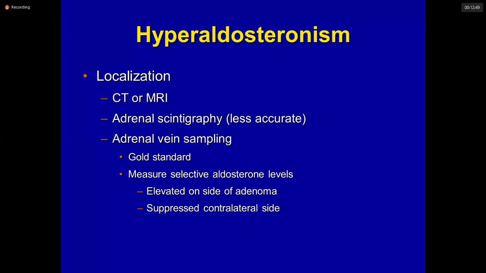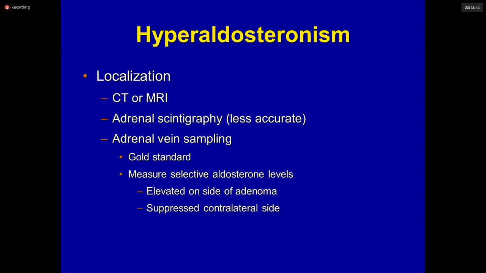Furthermore, after we see the tumor on one side or both, we have to do what we call adrenal vein sampling. This is an invasive procedure where the radiologist will be taking levels of aldosterone by blood sampling right from the adrenal vein and comparing that to the systemic circulation level, in order to find that there will be an elevated level of aldosterone on the side of the adenoma and a suppressed level on the contralateral side.